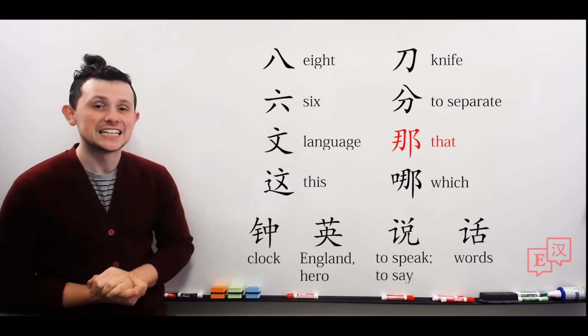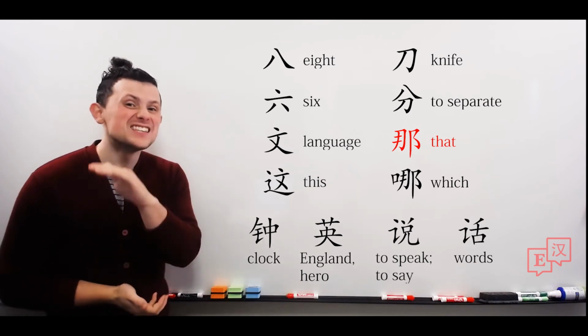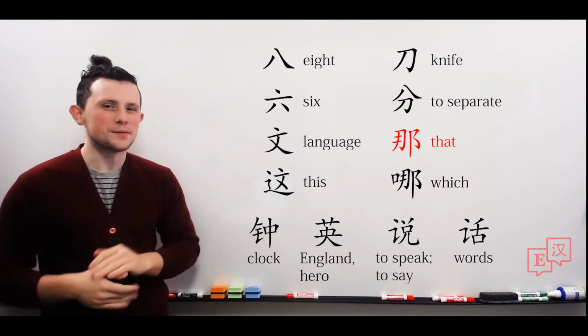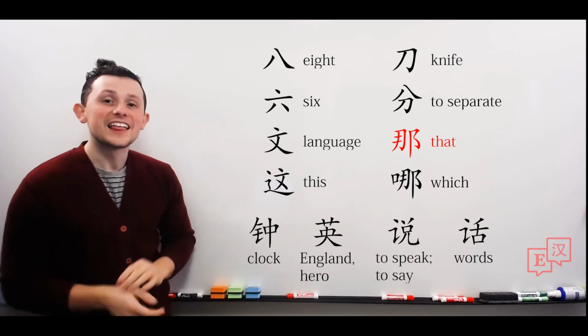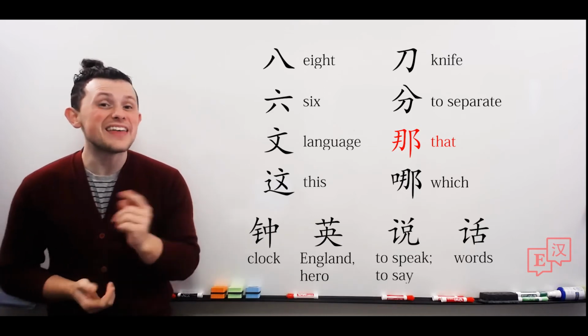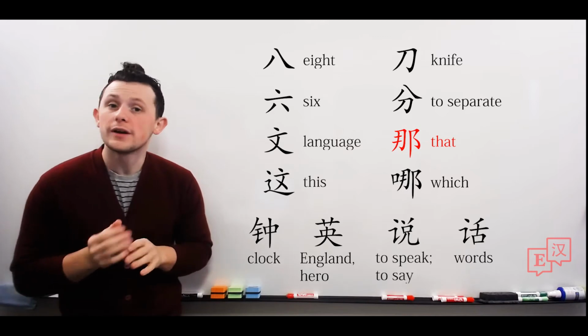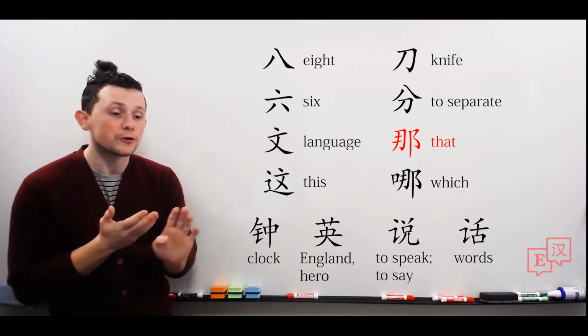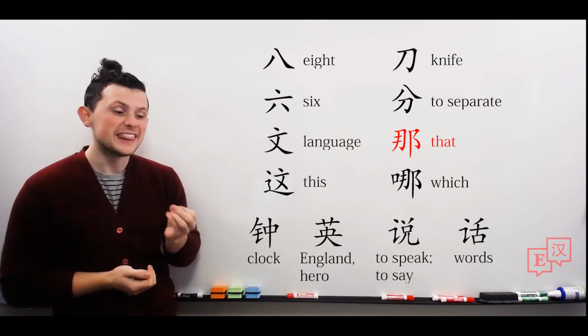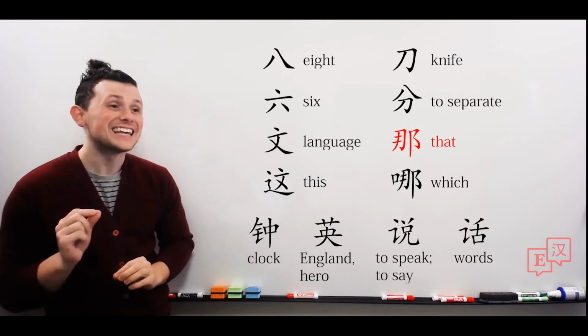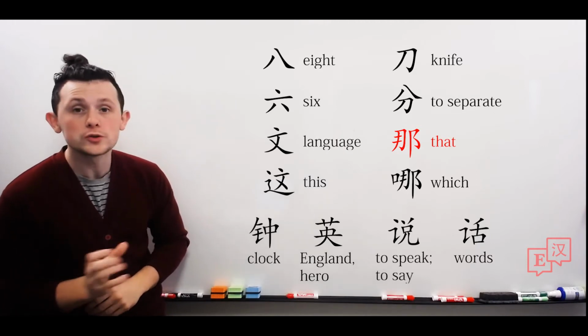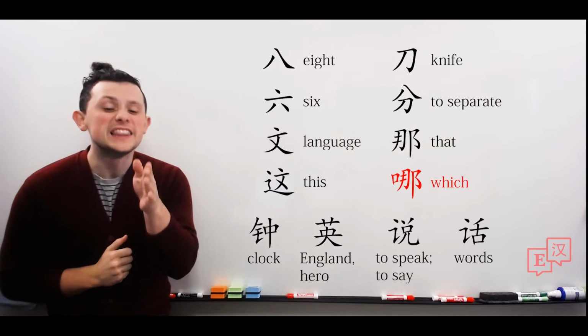Na. Like, nah, that ain't me. Na. This character means that. So it is a pointer or a reference to something further away from you. Na. And lastly, if we add a ko to na, we have na.